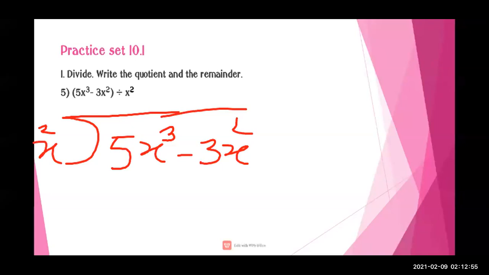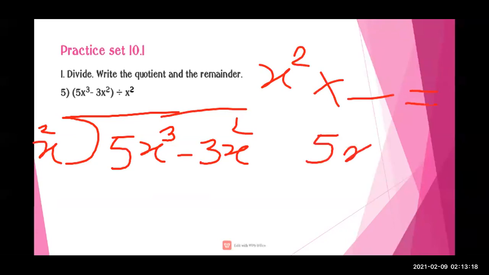Now see what you are going to write first. Here x square should multiply by one number which gives the answer as 5x cube. See, that's why I told you to write in the working column: x square multiplied by dash equal to 5x cube. What will be the number in the dash? Very good.